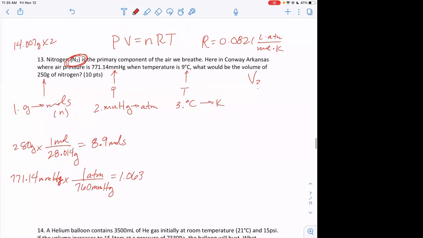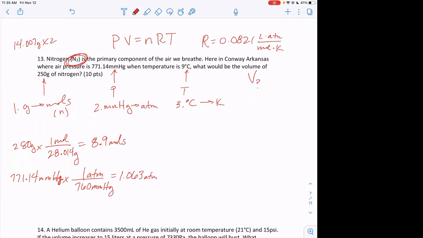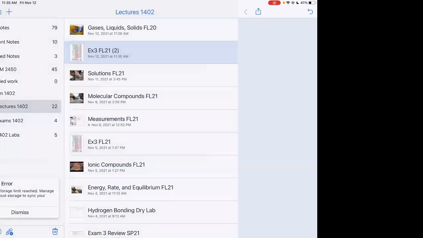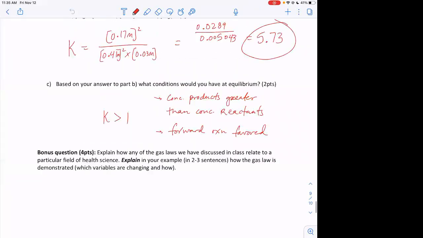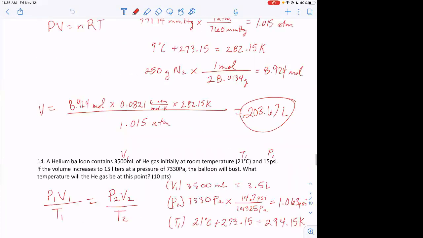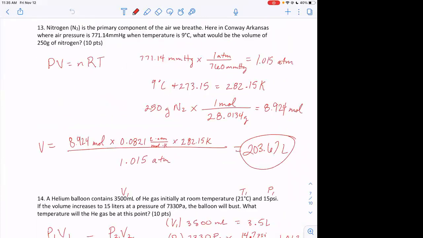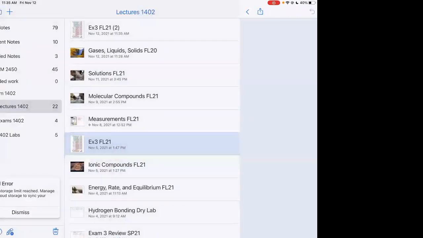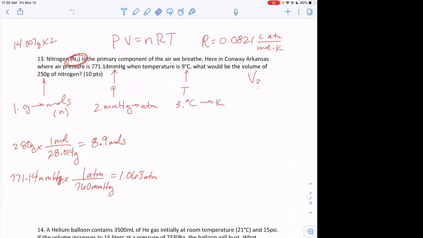I think that's right, I have the key right here. No, 1.015. Okay. And then temperature, so 9 degrees Celsius plus 273.15.